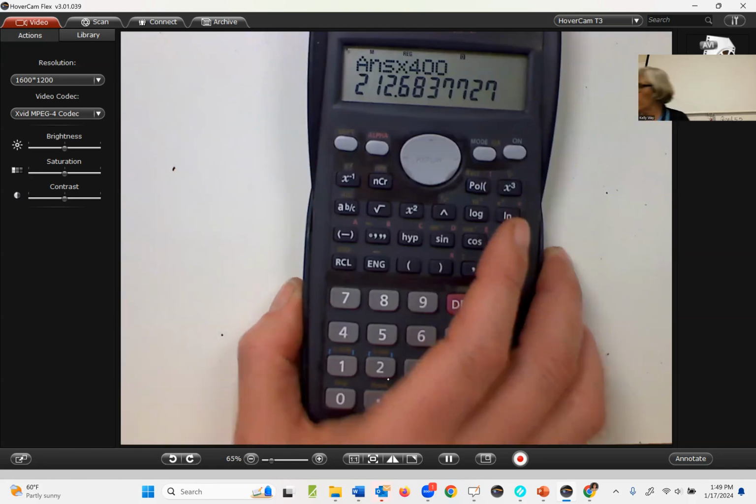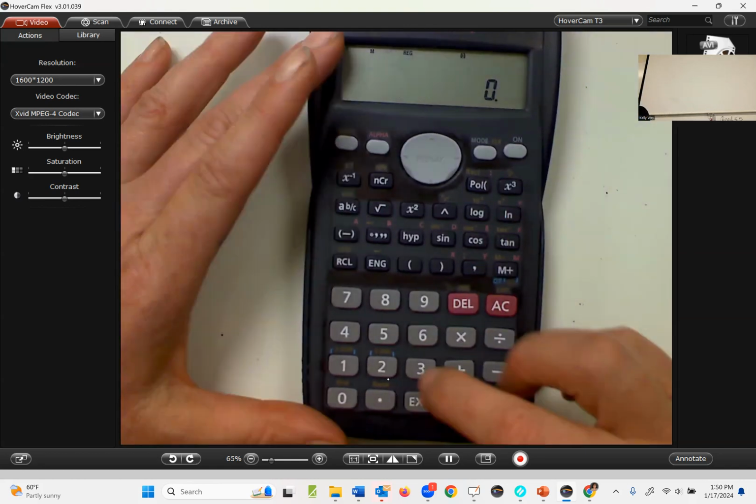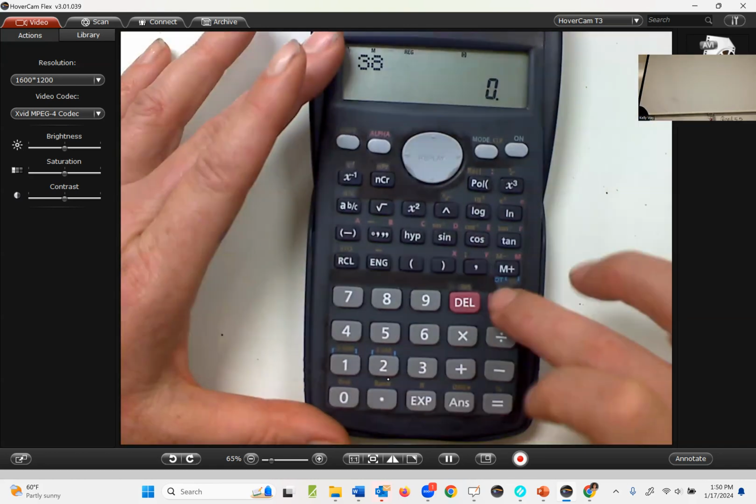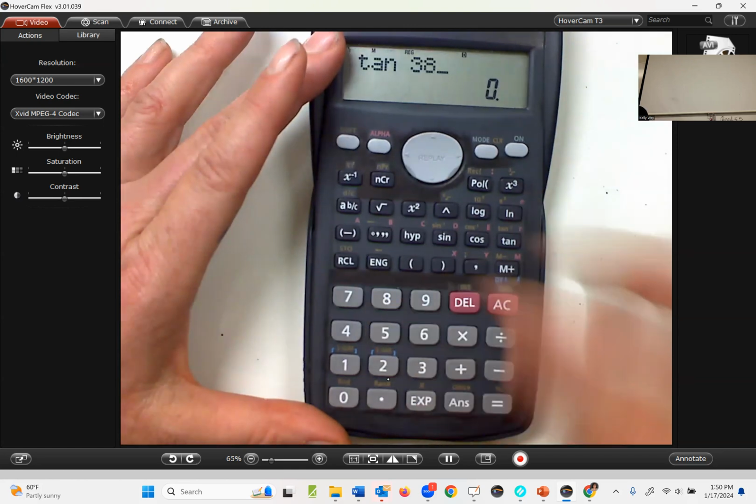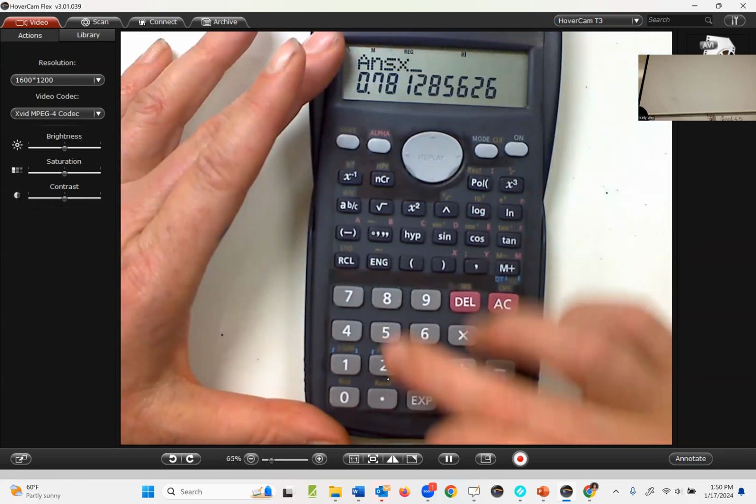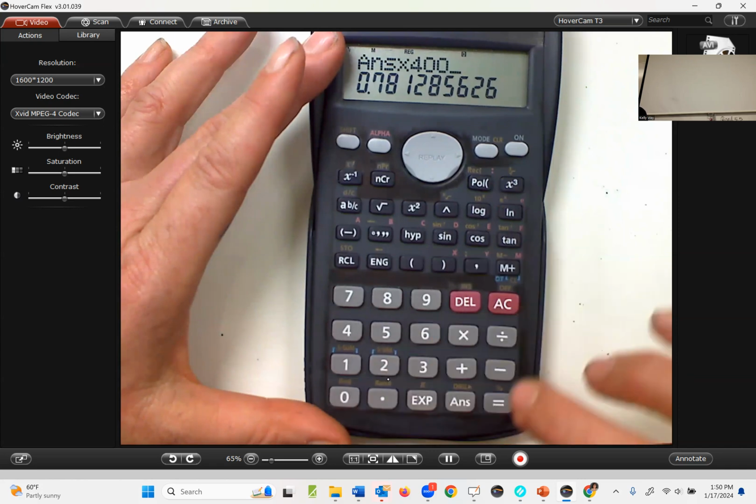Hang on, am I reading this wrong? Okay, so I got tan 38 times 400.